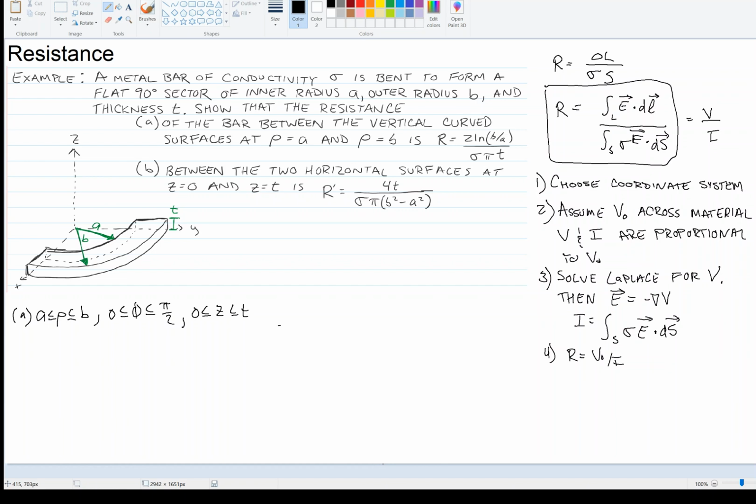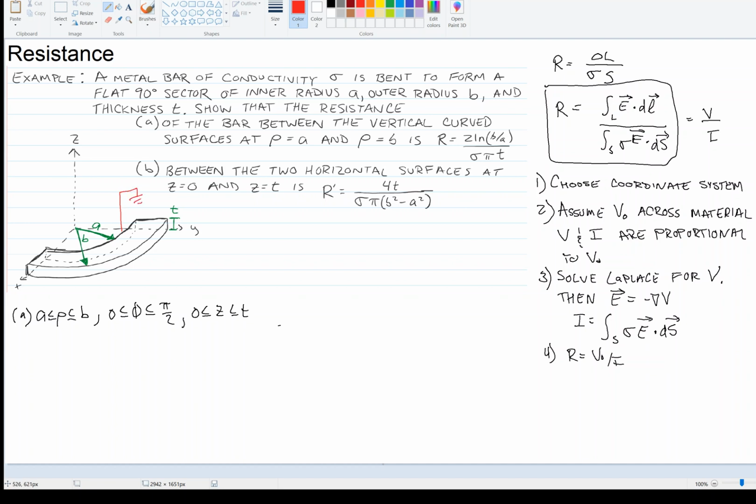Okay, now the potential due to this thing. If you've got a potential difference, we'll set up that potential difference. Let's say that the potential at surface A, that curved surface, is grounded, and you can choose either one to be grounded.